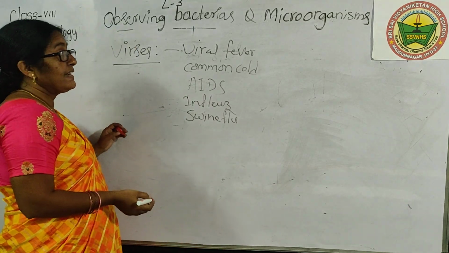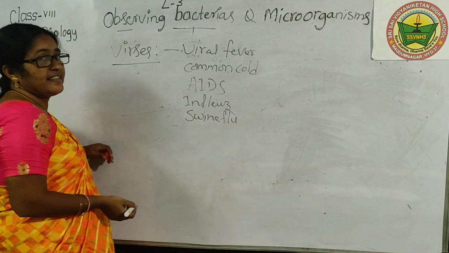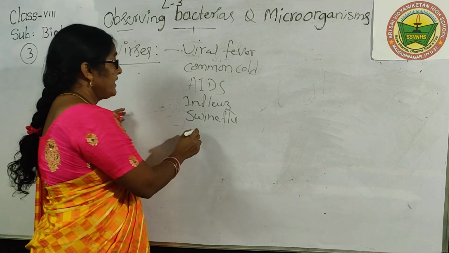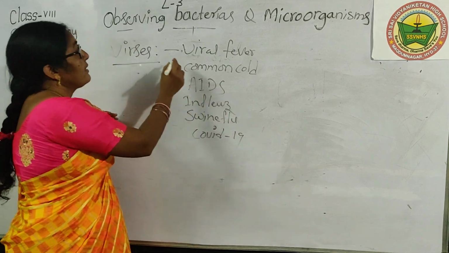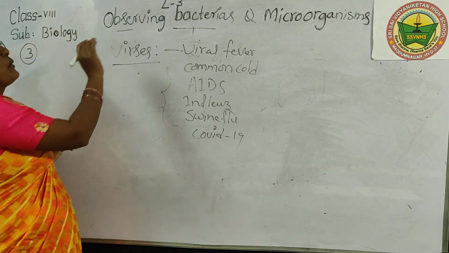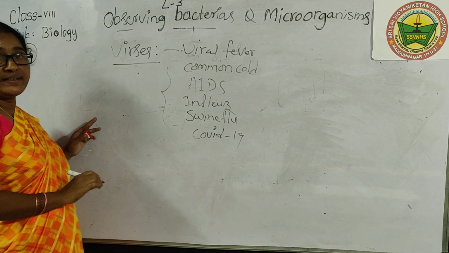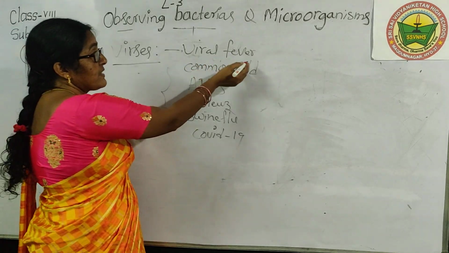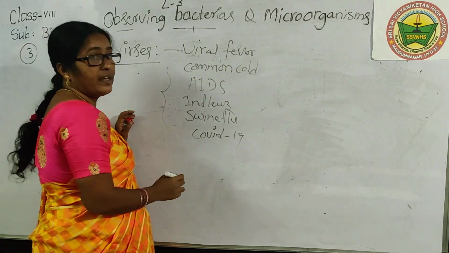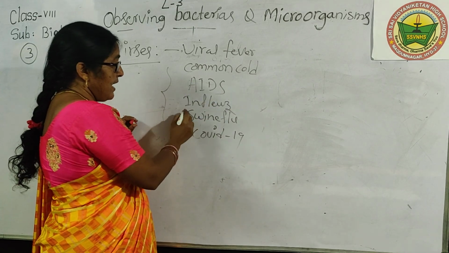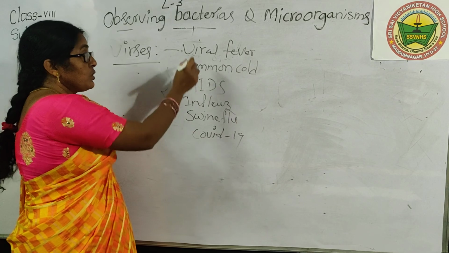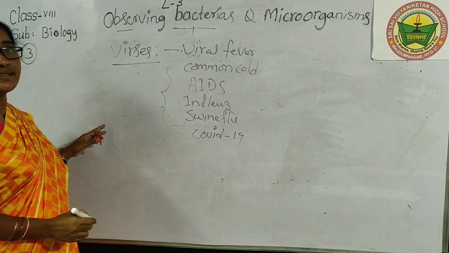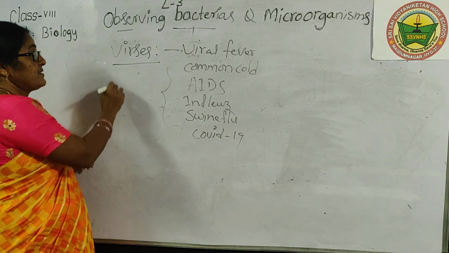And one latest new viral disease. What is that? COVID-19. So they commonly attack, as different kinds of viruses. Some viruses are causing viral fevers, common cold, AIDS, influenza, swine flu and COVID-19. So these viral diseases are getting from viruses.